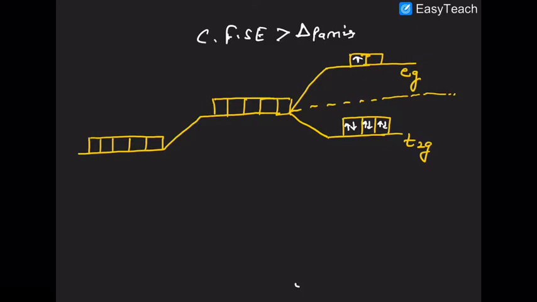Now these two orbitals should be present here vacant, but here they are not available. The two orbitals are not available here but free. So what will happen in this case? The ligand electrons will go to the outer 4d orbitals.